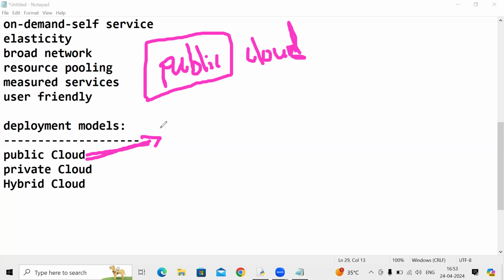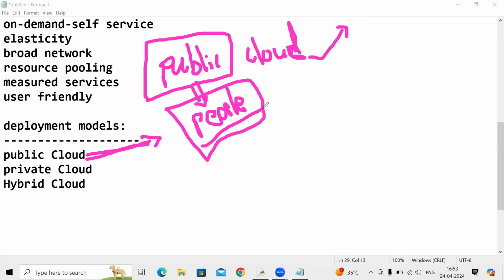In the same way, in AWS we have three deployment models. Public cloud belongs to the public, guys. I mean it belongs to everyone, all people who are living.